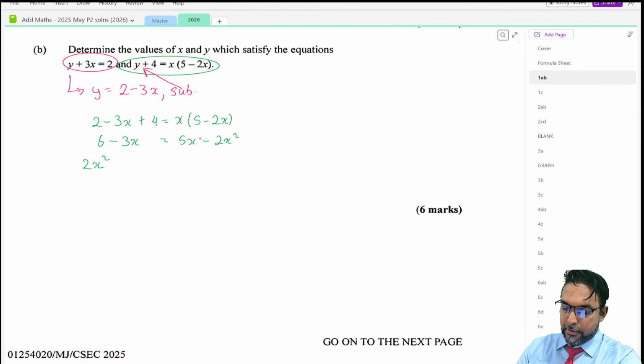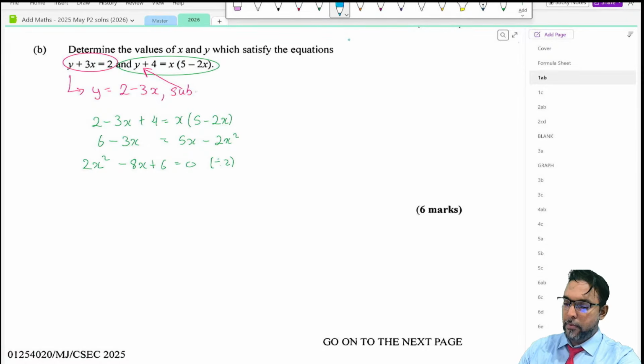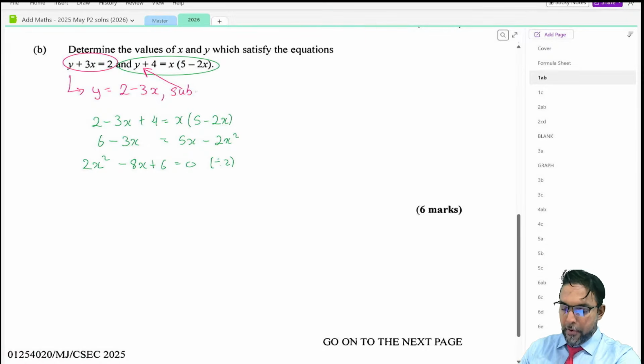And when I bring across 5x, it's going to get minus 5x. Alright, and then from here I could divide everything by 2, yeah? Right, in so doing I have x squared minus 4x plus 3. So then that's going to simplify to x minus 1 and x minus 3.